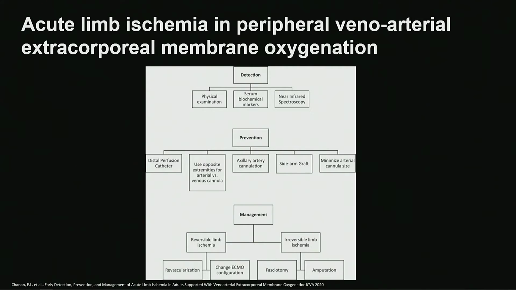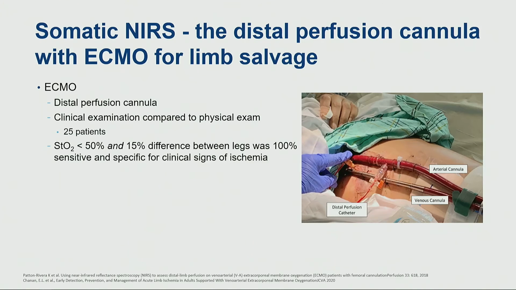So how does this happen, and where does NIRS come in? Typically, femoral vessels, large-size arterial cannula, a patient with vascular disease, which is really, really common, or a patient on multiple vasopressors. You put these cannulas in, there is compromised downstream circulation and flow, and typically you'll see that your patient has a limb that is cold.